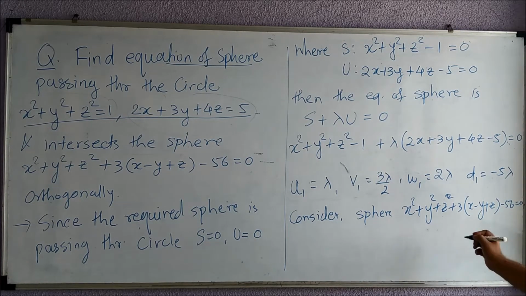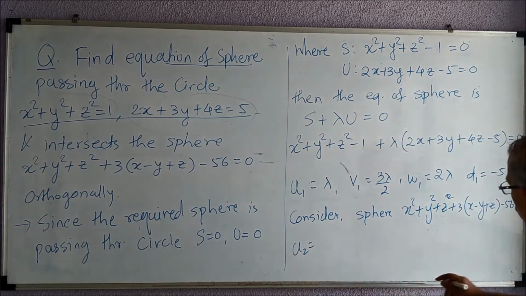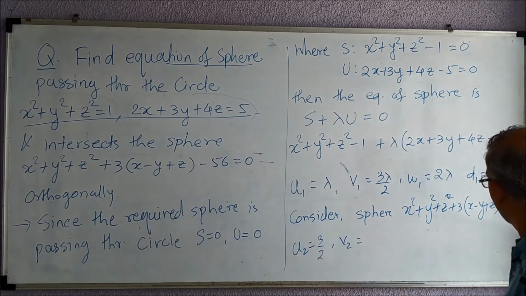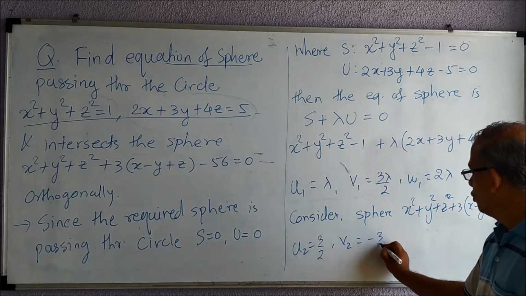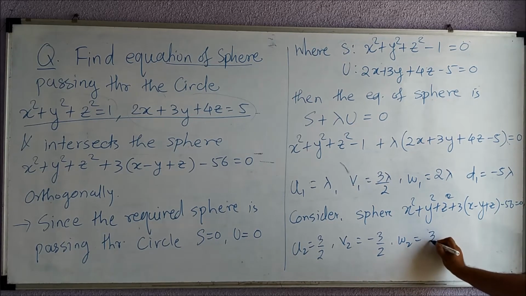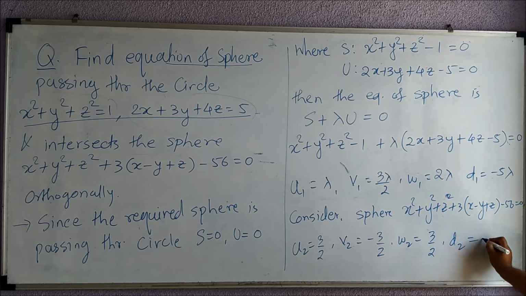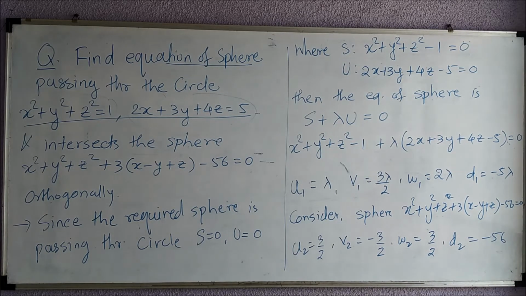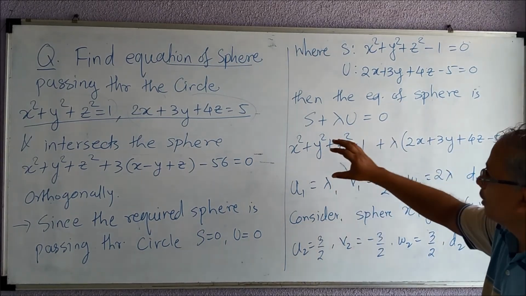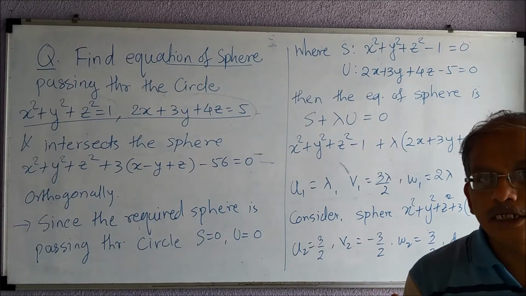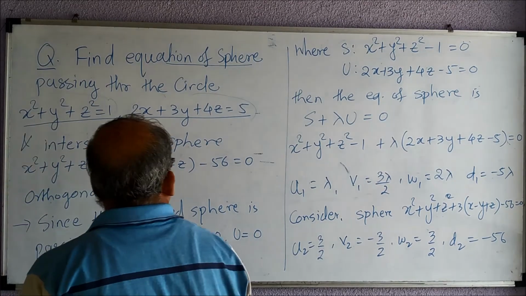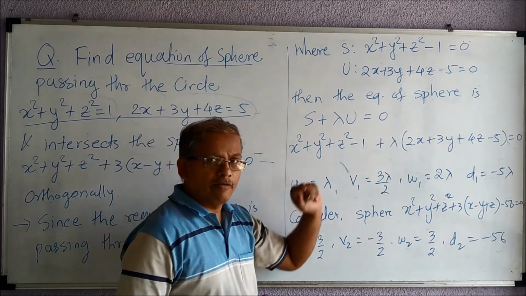Can you tell me what is u2? u2 will be 3x by 2, so 3 by 2. v2 is minus 3 by 2. w2 is 3 by 2 again, and d2 is equal to minus 56. Now this sphere and this sphere are intersecting each other orthogonally, so they must satisfy the condition of orthogonality. That is a way to calculate the lambda value.